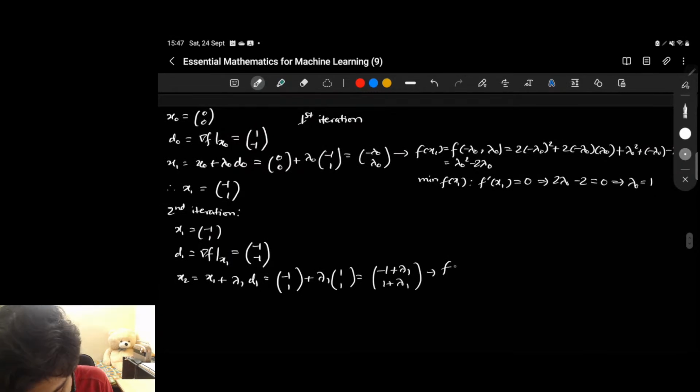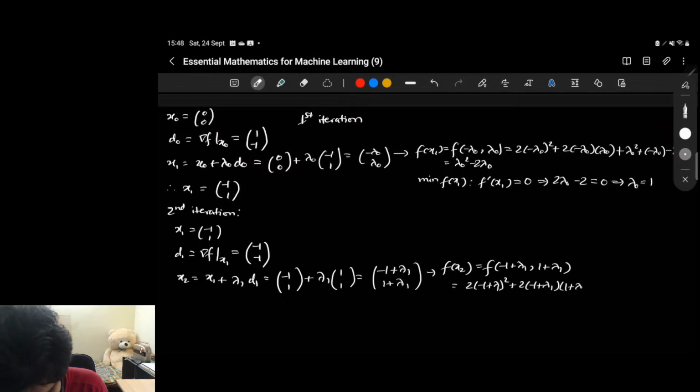And now we need to find the function at x2. This is just substituting the value. So simplifying it, just opening up these brackets.